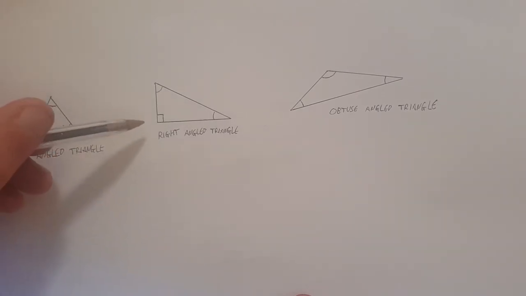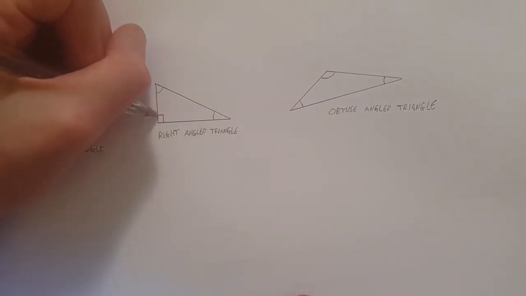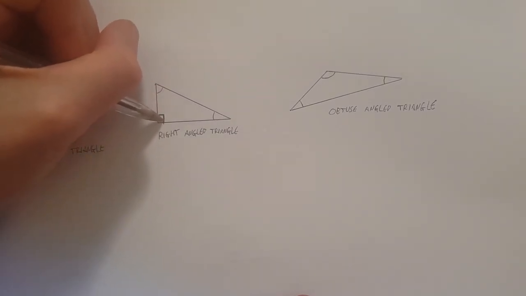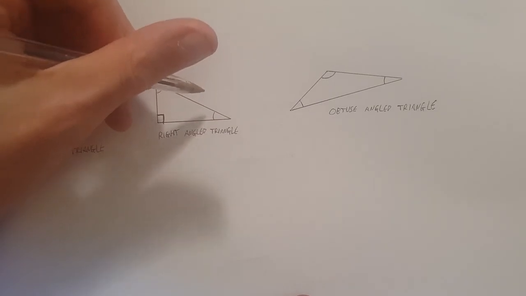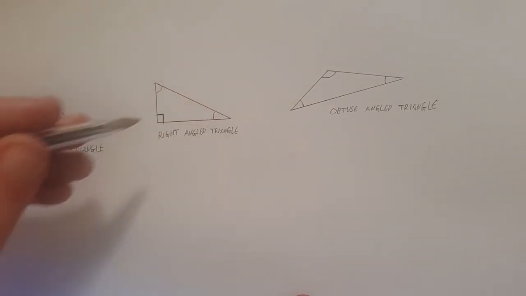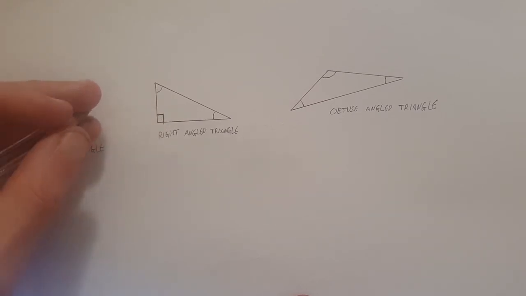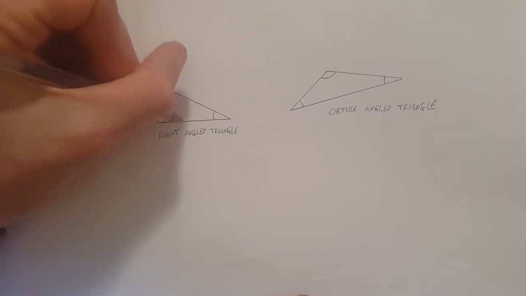The next type of triangle we've got is a right angle triangle. That's one where we've got one angle marked on as a right angle, as 90 degrees. We just mark that with the wee square, and the other two are going to be just acute angles. Now, you could get a right angle triangle that's also an isosceles triangle if these two lengths were the same.